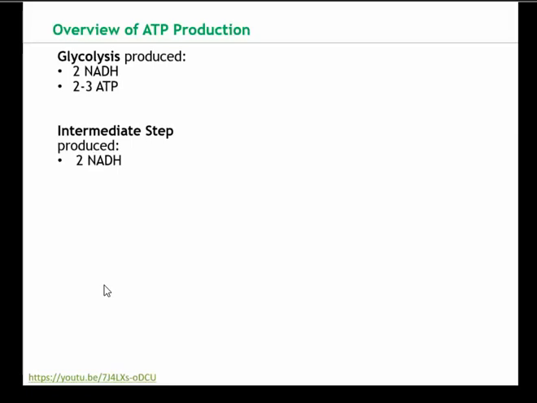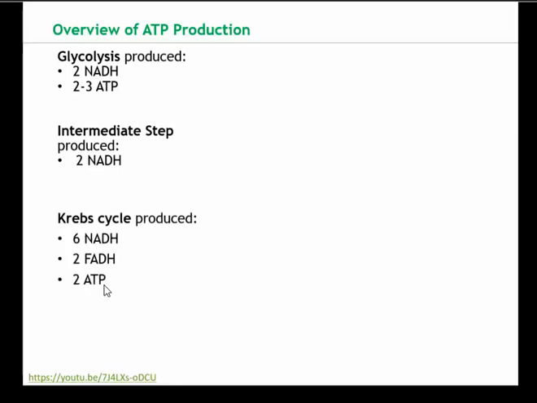So let's do an overview of ATP production here. We have to count up everything we produced, all the ATP. So we have to go back to glycolysis. In glycolysis, we produce 2 NADHs and then 2 to 3 ATP, depending on if glucose or glycogen was used. In the intermediate step, we didn't produce any ATP, but we did produce 2 NADH molecules.